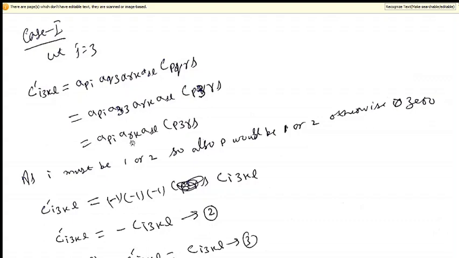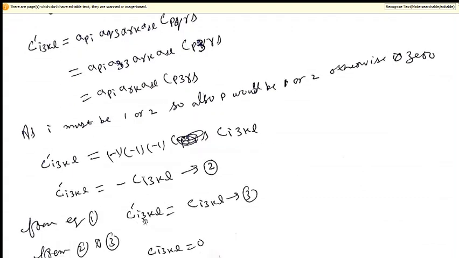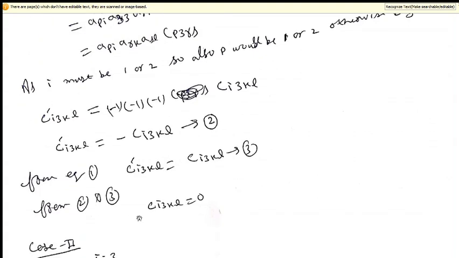Their values are -1, -1 and -1, -1, -1 and -1. These are 3, and here will be C, and it will survive only when P is same as I. So P will be I, R will be K, and S will be L. C_IJKL, this is minus times. Now this is from our equation number 1. From equation number 2 and 3 we have this.